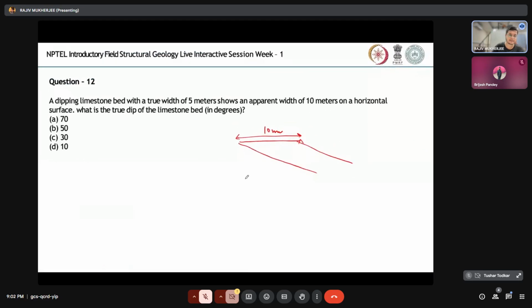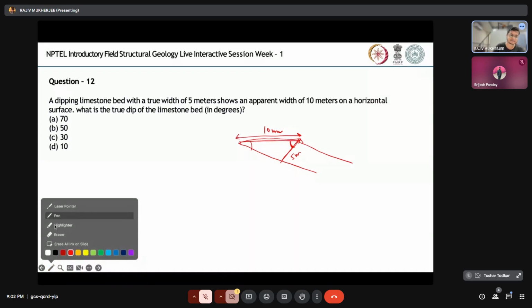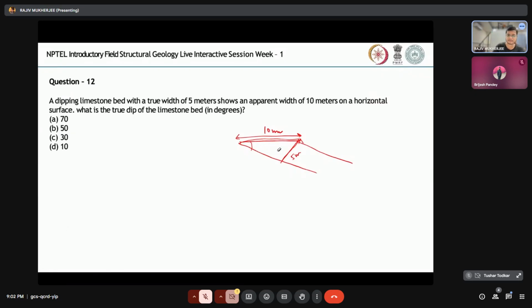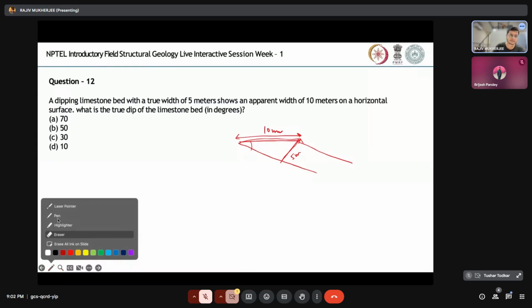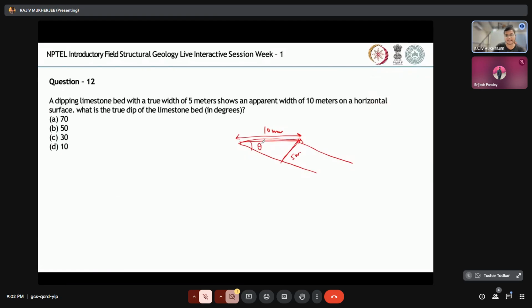So if this is the bed and if this is the true thickness of the bed, right? So because of this angle, so this is 5 meters, it appears as 10 meters on the surface. So we have to calculate this angle, not this one, sorry. So we have to calculate this angle theta, which is the dip of the bed.